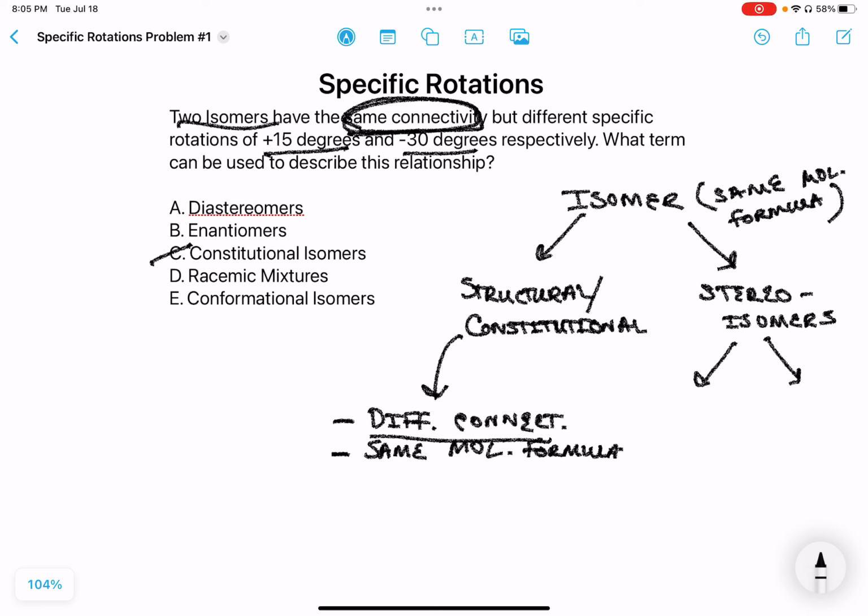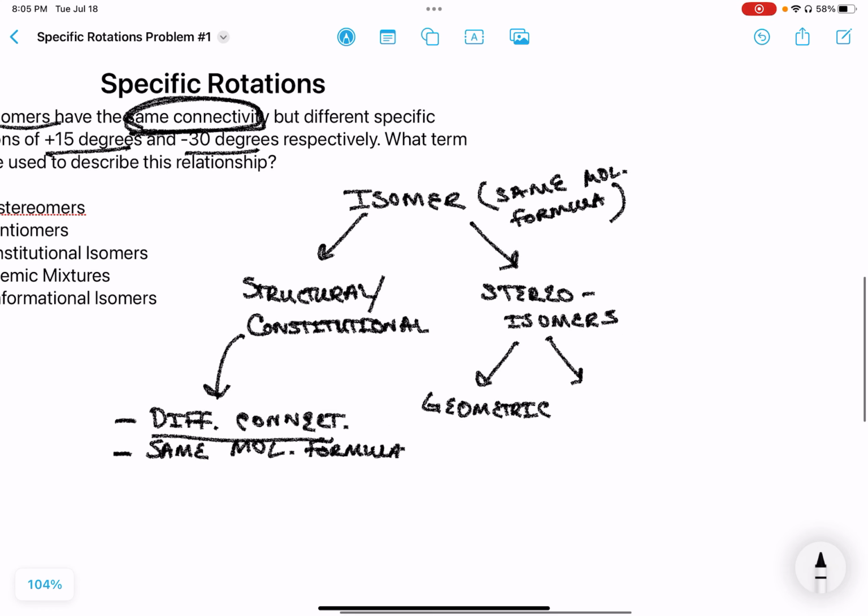There are two types of stereoisomers: geometric and spatial. Geometric would be cis versus trans, and it refers specifically to double bonds.